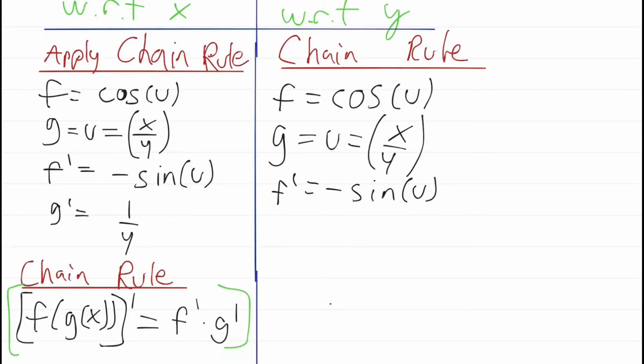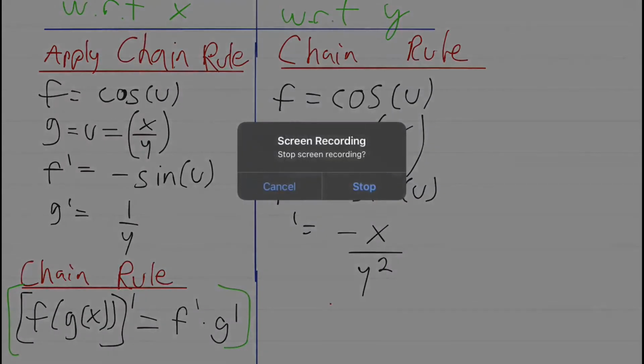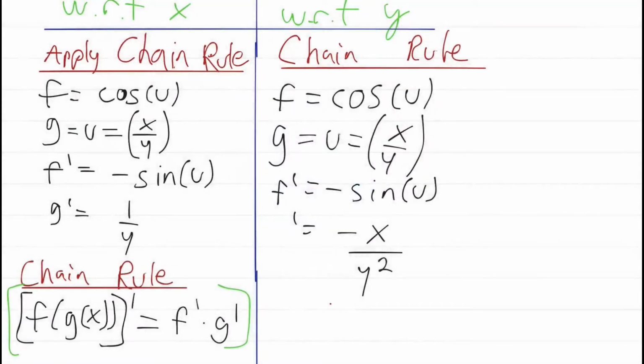And our g prime with respect to y, not x: the x is treated as a constant, so it remains, but we're taking the derivative of 1 over y. Applying the power rule, that's y to the negative 1, and its derivative is negative 1 over y squared.